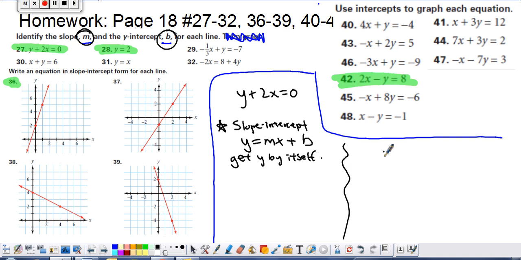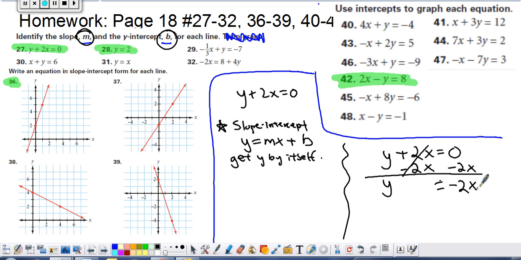So let's take a look at the actual equation. I have y plus 2x equals 0. Notice y is not by itself right now. I have this pesky 2x here. So what I'm going to do is minus 2x on both sides. The y comes down, the 2x cancels out, and then you get negative 2x plus 0.